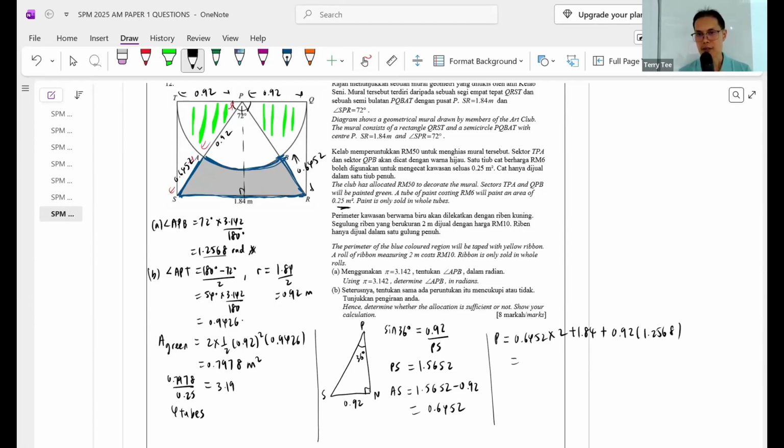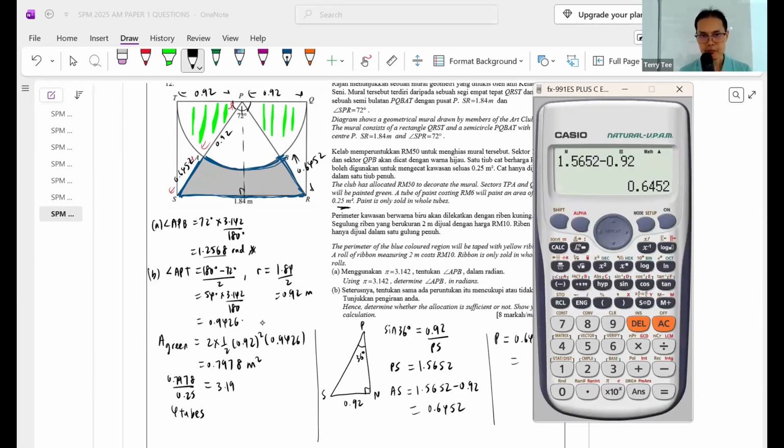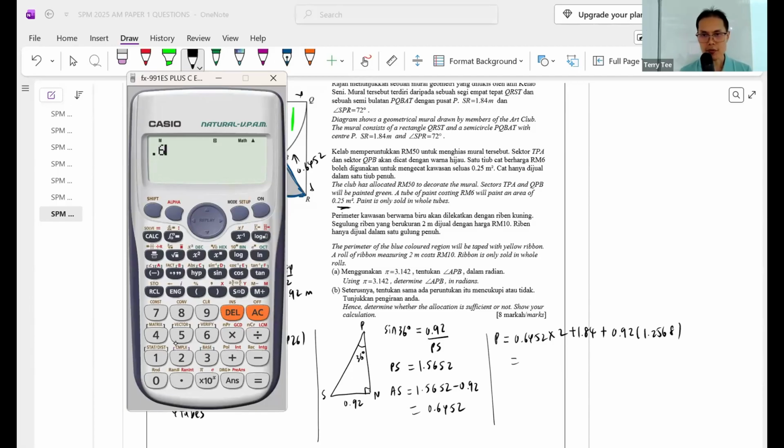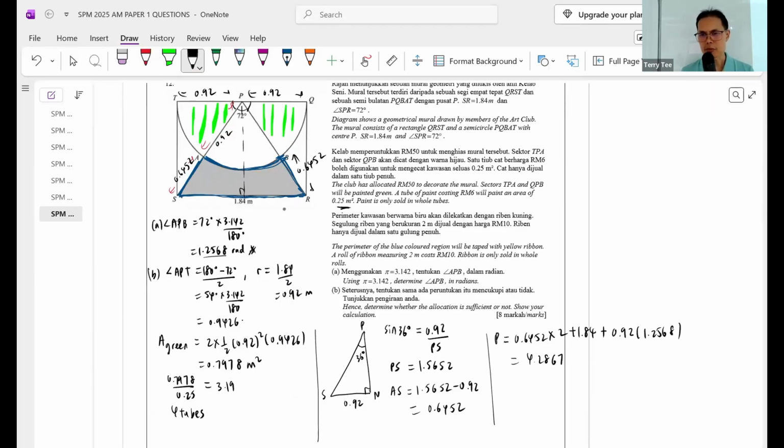Sorry, no space, so I have to zoom out a bit. So 0.6452 times 2 plus 1.84, plus 0.92 times 1.2568. You should get 4.2867. No need for so many decimal points.